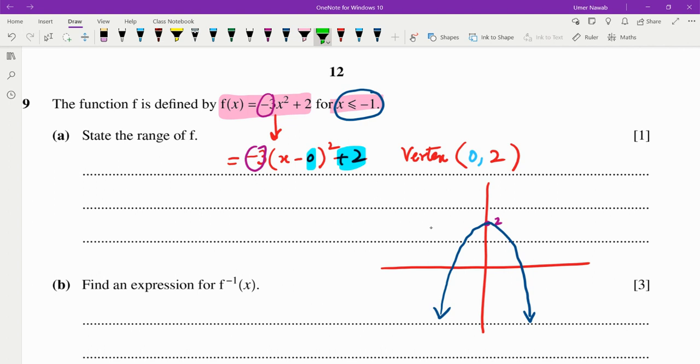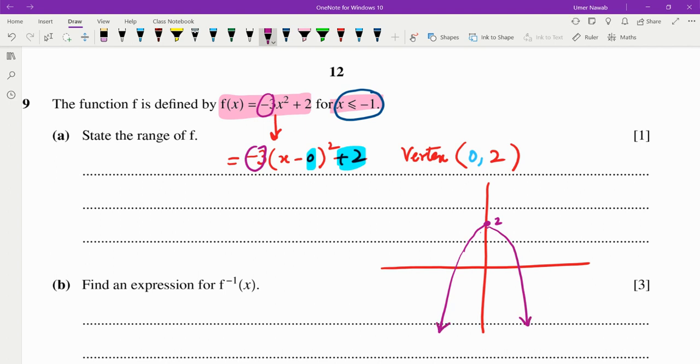Okay, so let me draw this parabola one more time, a little bit squeezed, it's better, because I want to just show you the significance of -1. Otherwise, any shape, any wider or narrower, you can draw.